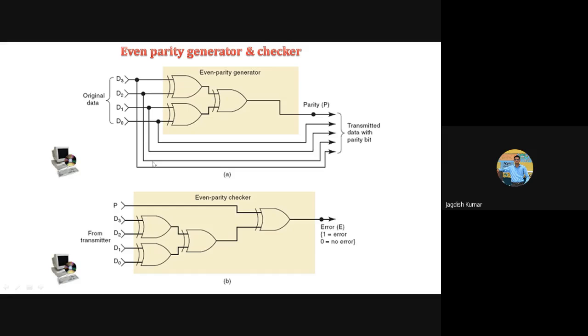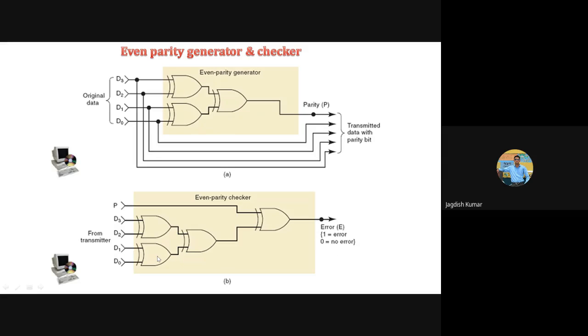And in that case, because we were following an even parity generator, the number of ones was odd. So what should have been the parity bit? That should have been 1. So 1 is being fed here, 1 coming out here. In an exclusive OR gate, when both are 1, what is the output? 0. So if the output is 0, means no error.